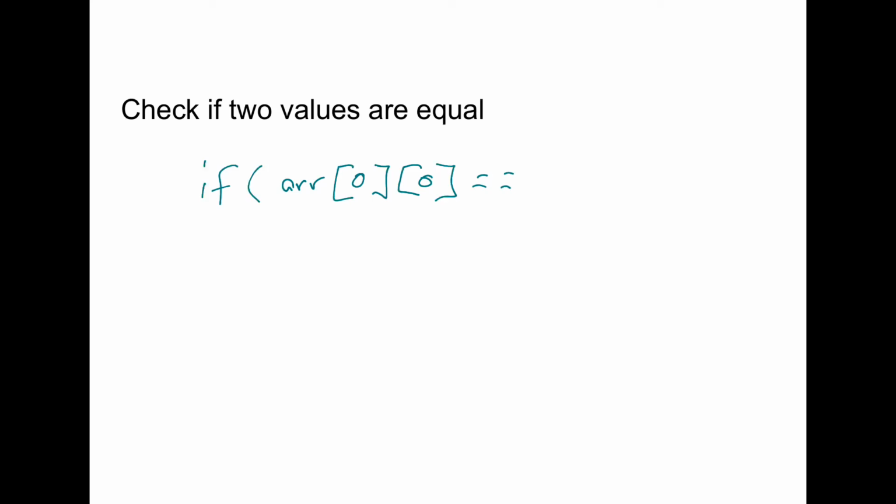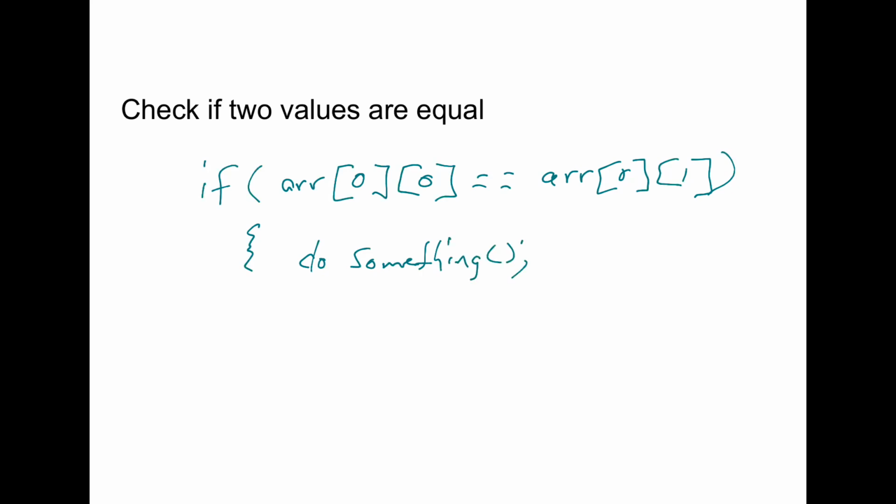So if our number at 0, 0 is equal to our array at 0, 1, then do something. And then close it.